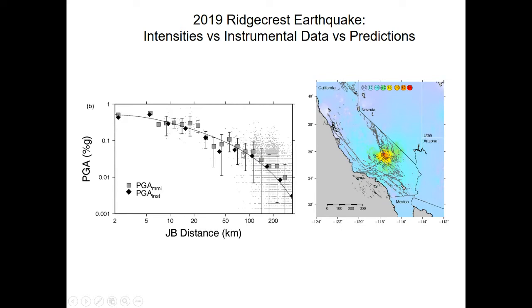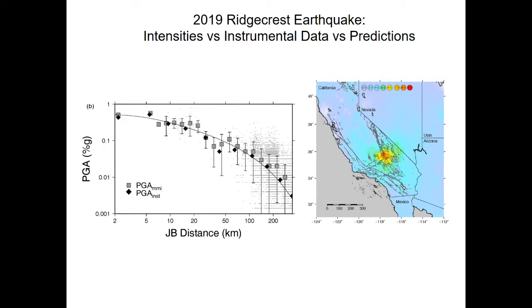What you can see from this is that intensities coming from what people tell us about shaking are very, very consistent with what you measure on a seismometer. So we can use this intensity data even now to investigate earthquakes. And the line here is the prediction for magnitude 7.1 using a modern ground motion prediction equation for California.